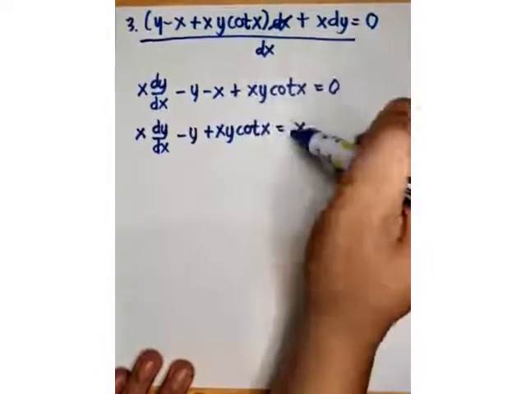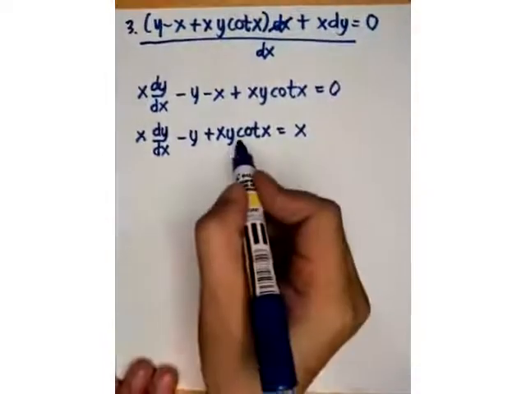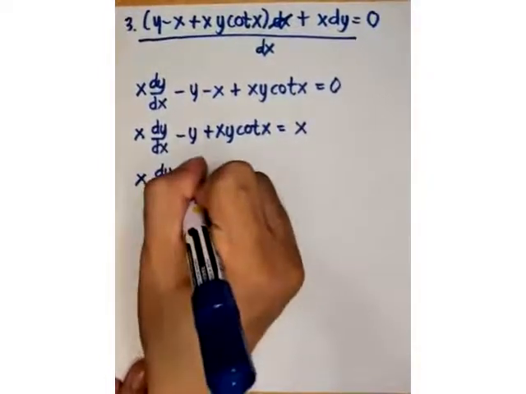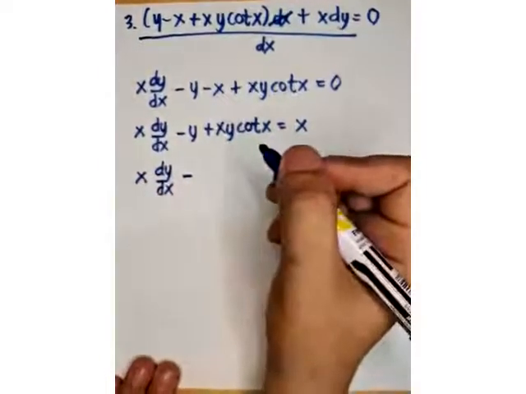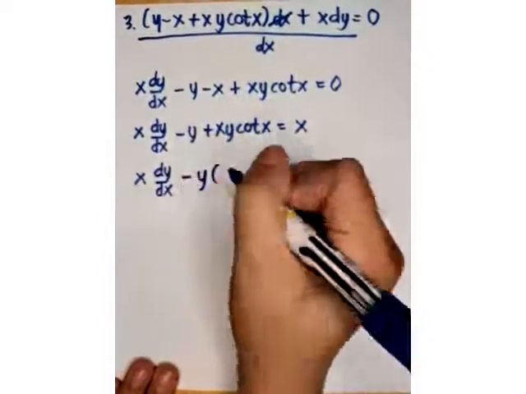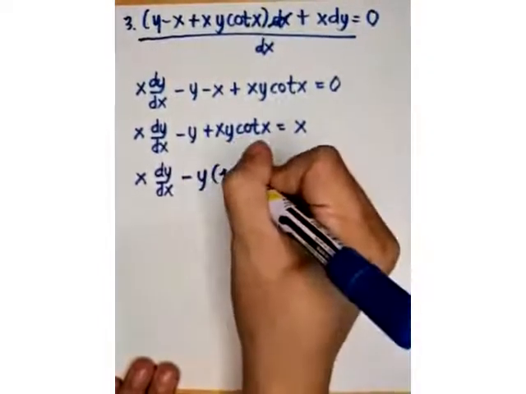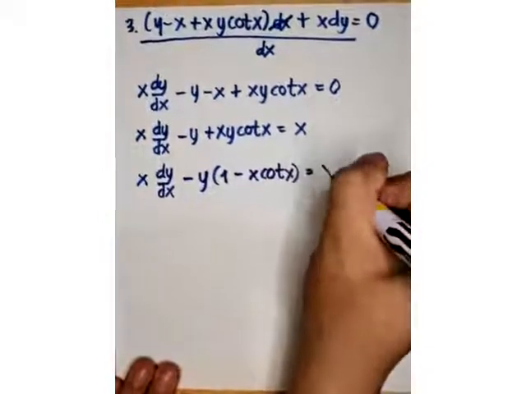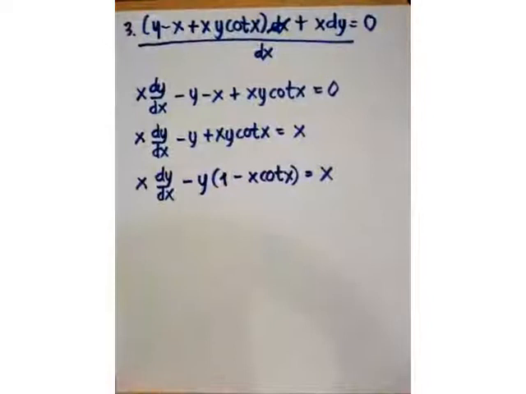Positive x. Ayan. Okay, and then we'll factor out y. So that's x dy over dx minus y times 1 minus x cotangent x is equal to x. Positive y.